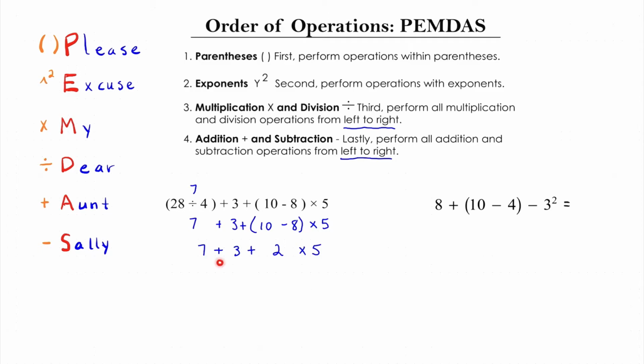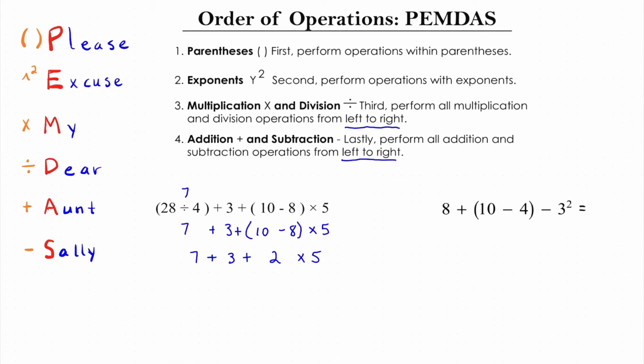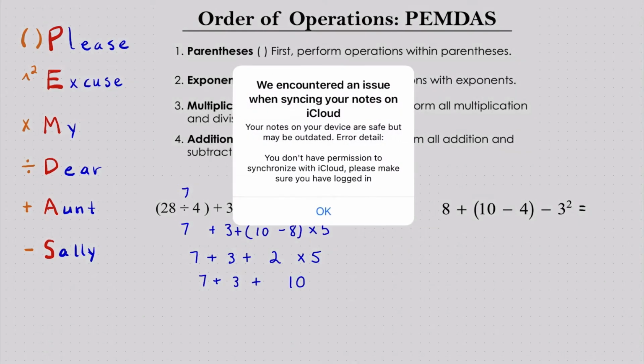Now we have addition and multiplication. According to PEMDAS, we do multiplication before addition, so we do 2 times 5, and that becomes 10. Then I rewrite my problem.